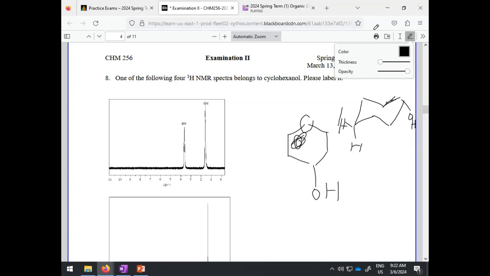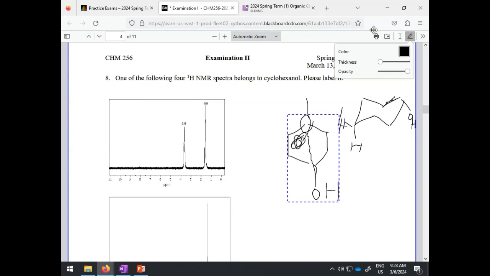You can see four different readings, if we don't consider the chair conformers. In most cases you don't need to, because at normal temperature the two chair conformers are flipping between each other, so you probably don't need to worry about it.